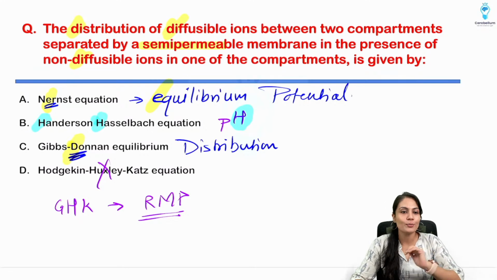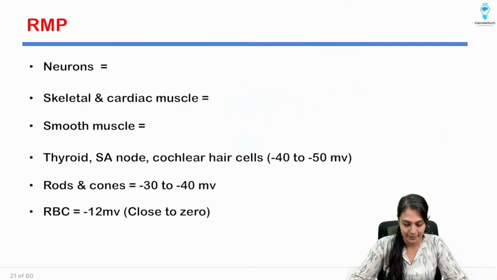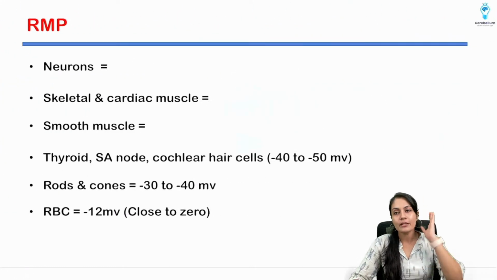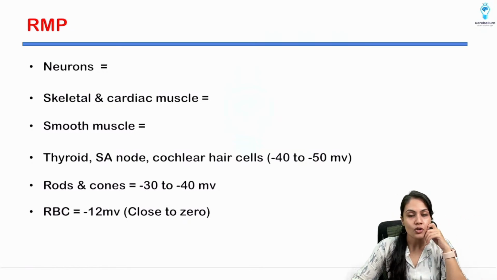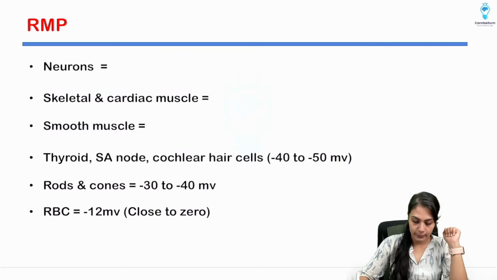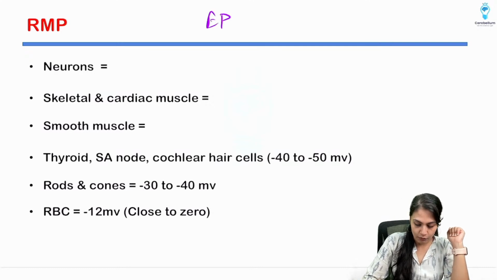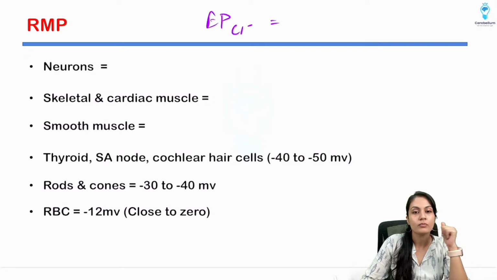Your next answer should be 100% correct, 200% correct. Now tell me the different values of RMP. Let's talk about neurons. It is very similar to the chloride equilibrium potential. What was the chloride equilibrium potential? Tell me, EP of chloride was how much?